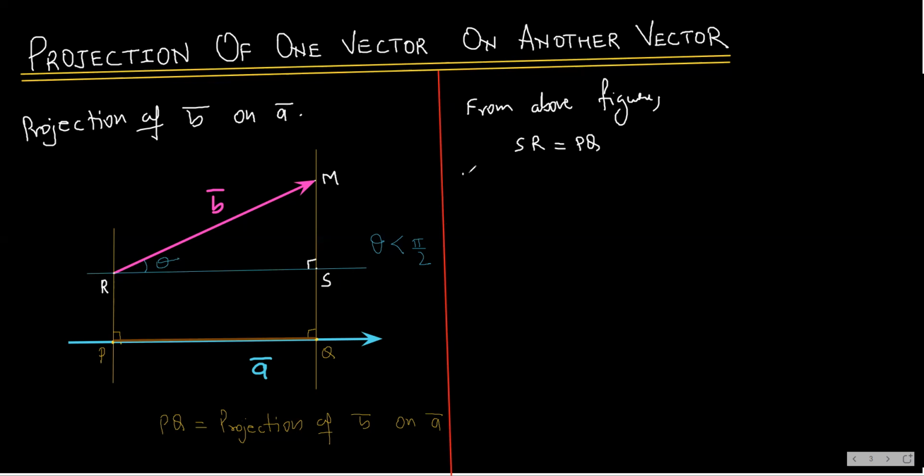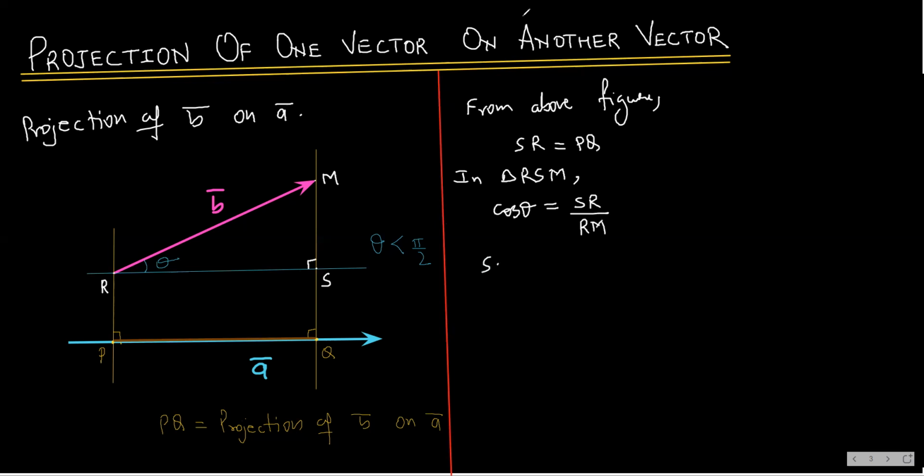Now in triangle RSM, I write cos of theta. What is cos of theta? It is adjacent upon hypotenuse, that is SR upon RM.